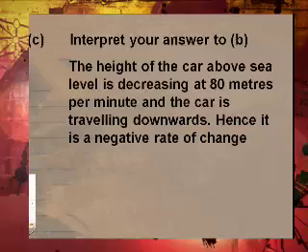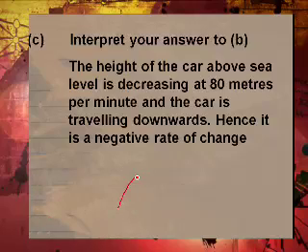Just watch this if I draw a picture here. It's going up and down like that. At this stage the gradient is positive, it's increasing, it's going above sea level, it goes up the pass, now it's coming down the hill. And then it turns and up we go. Have you got it? That's a rate of change. Very, very important.